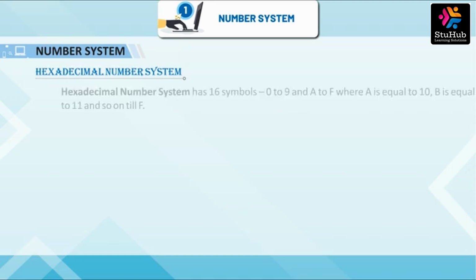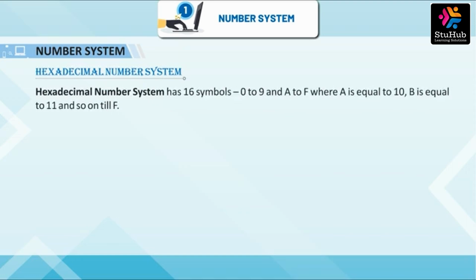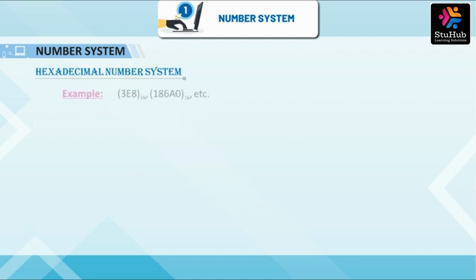Hexadecimal number system. Hexadecimal number system has 16 symbols, 0 to 9 and A to F, where A is equal to 10, B is equal to 11 and so on till F. It has base 16 and can be converted into decimal number system.